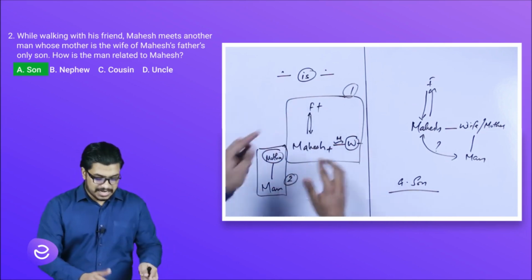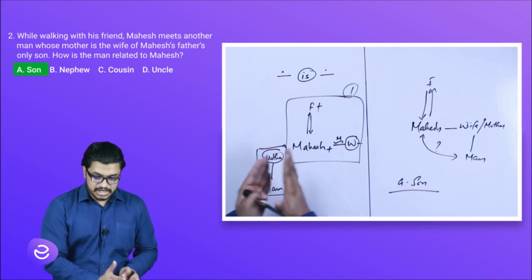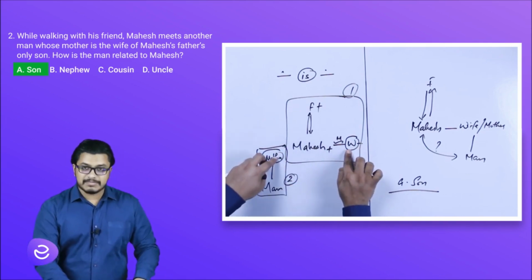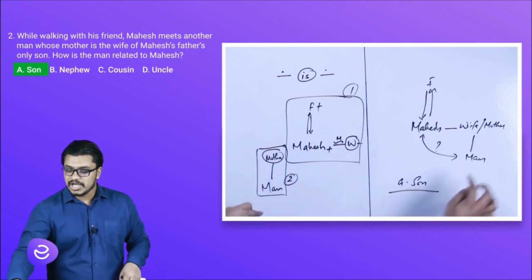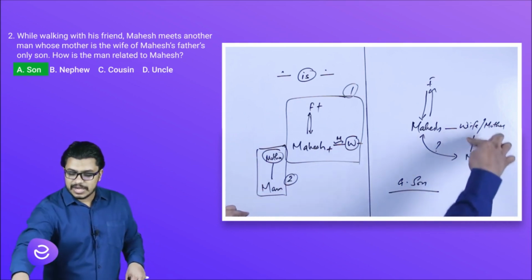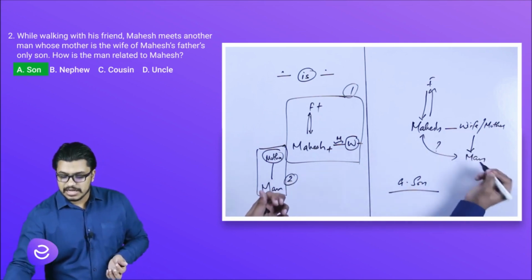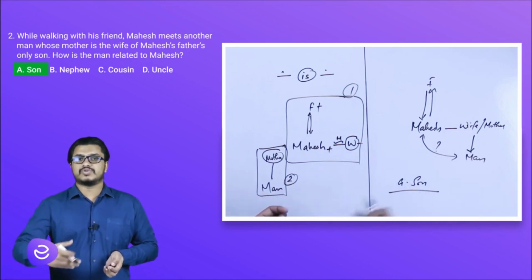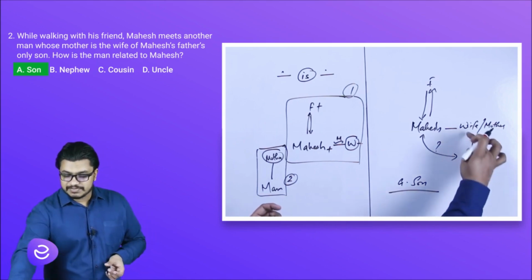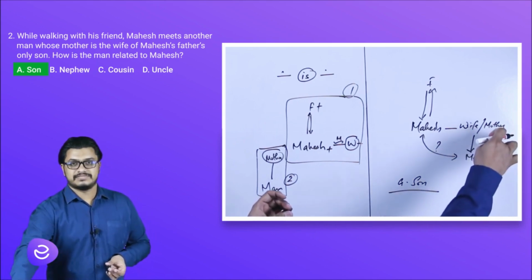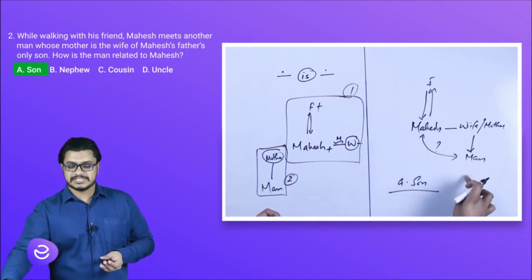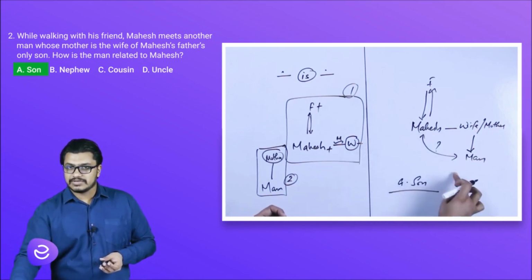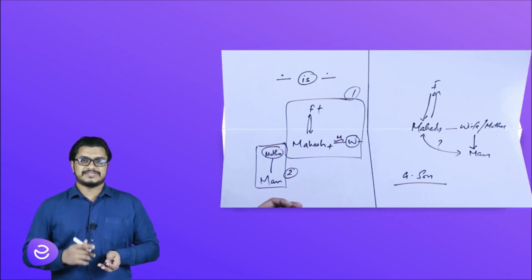Within this diagram we bring this part to here. So this wife and mother become the same person, and we have just one relationship after that, which is the man or this wife's son. We actually have to draw a downward arrow to show the next generation. So this person is this man's mother, so it becomes this person's son. So Mahesh's wife's son, that's what they have asked to find out, and the answer would be son.